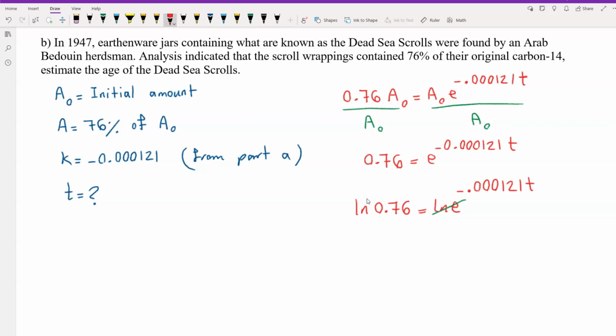And then we have natural log 0.76 is equal to negative 0.000121 times t. Now divide both sides by negative 0.000121.